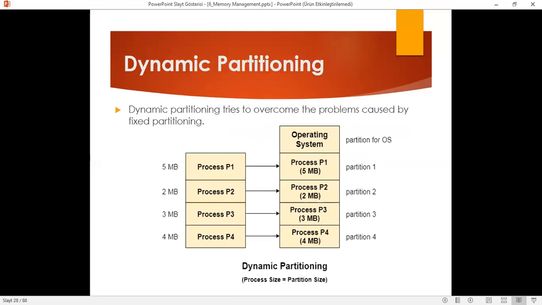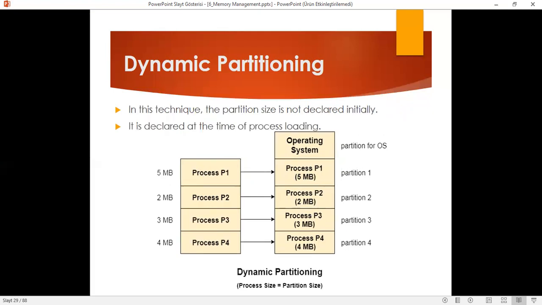That's why we try dynamic partitioning. Here the difference is we are not arranging a fixed partition size. We are creating partitions according to the size of the process. So if my process size is 5 megabytes, I will create a partition of 5 megabytes. If it is 2, I will create a partition of 2 megabytes.